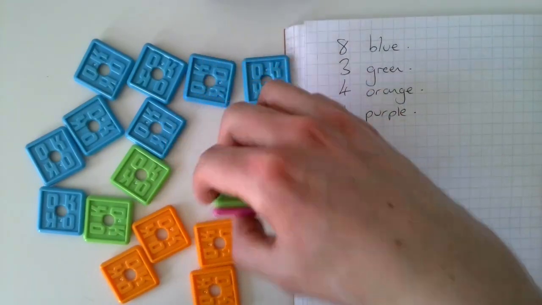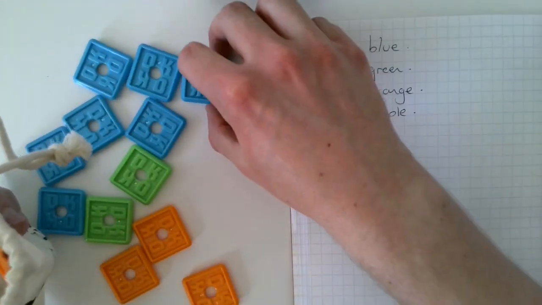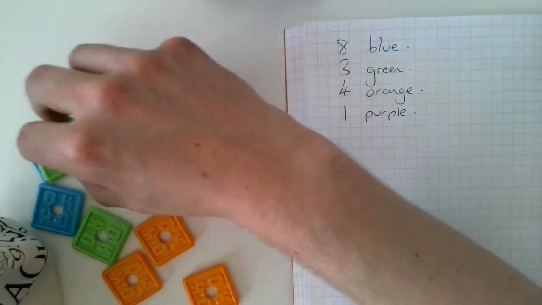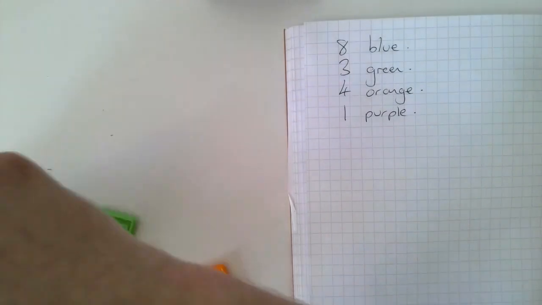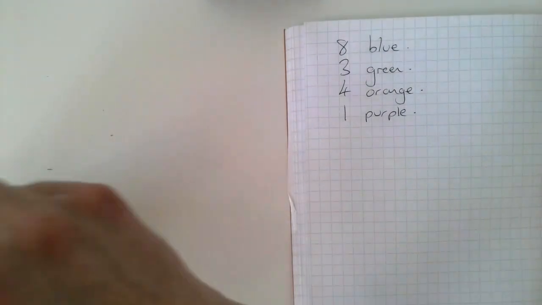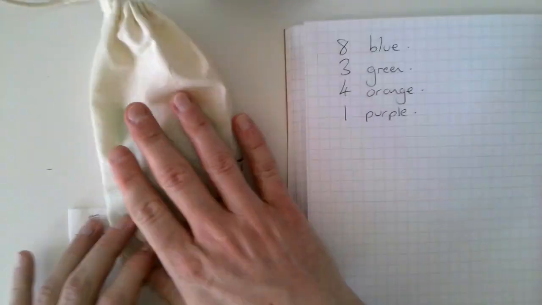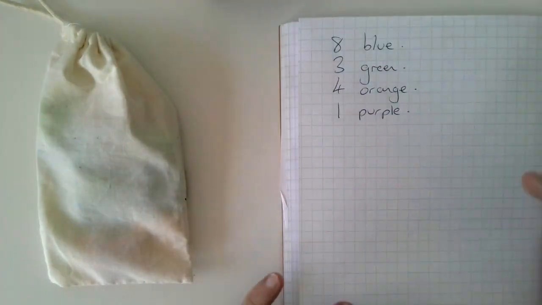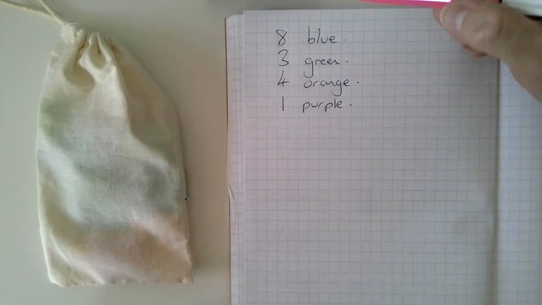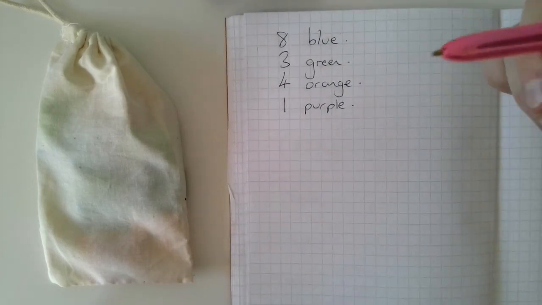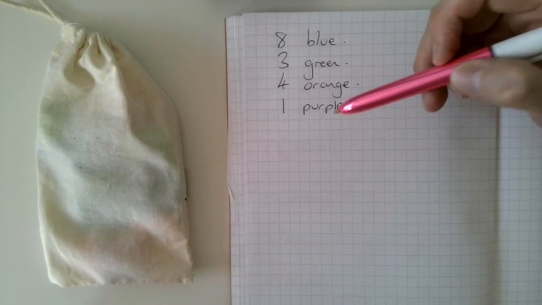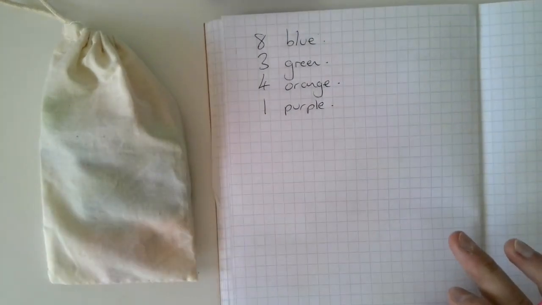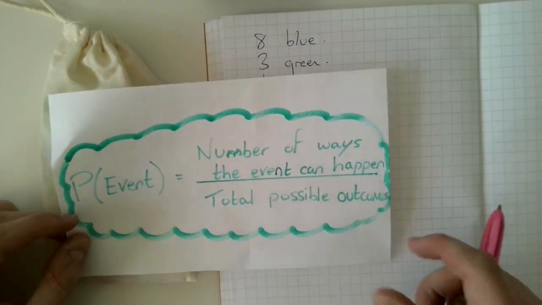Now, a very common question that you could get given in a test or an exam is that if all of these counters were put into a bag and I was going to select one of them at random, obviously not being able to see inside, then what is the probability of me selecting, let's say, a blue counter, or the probability of me selecting a purple counter, or any of the colours? And I want you to keep this little formula that we just wrote down in mind.